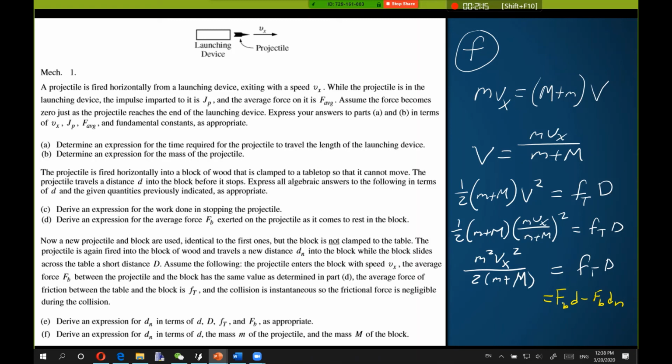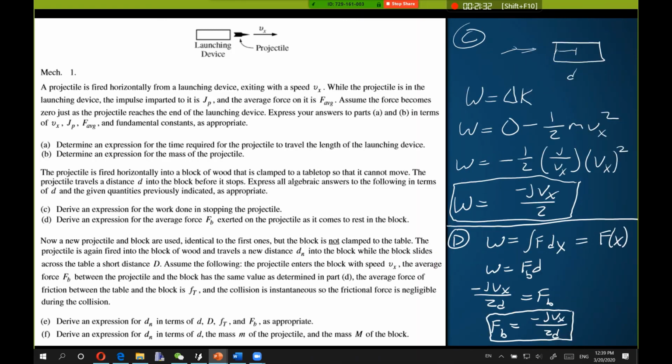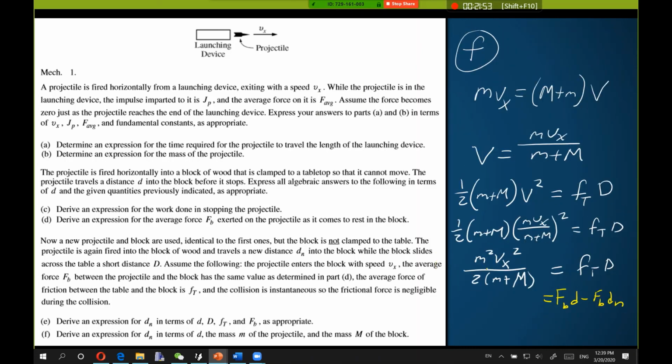Okay, so I need to get rid of this F_f. So I'm going to try to rewrite this so that I can get an F_f in there. Okay, going back. F_f D is my work, which is my kinetic energy, which is 1/2 m v squared. So if I can rewrite this to get 1/2 m v squared, we should be okay, which I can do.